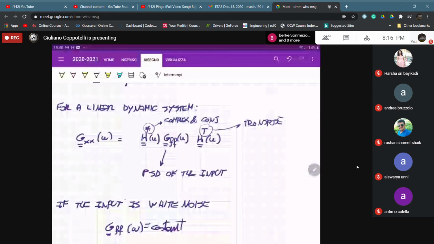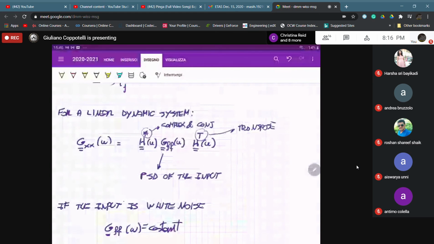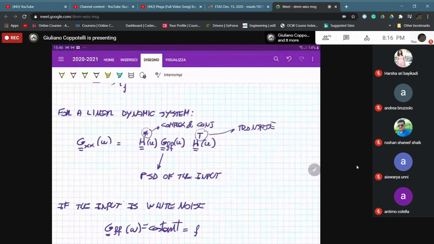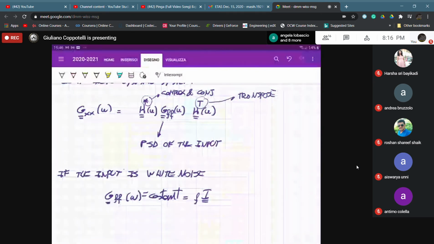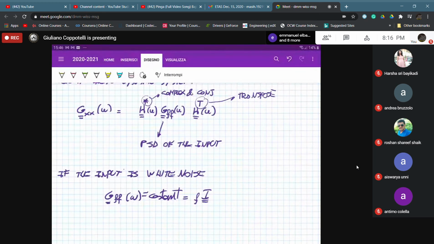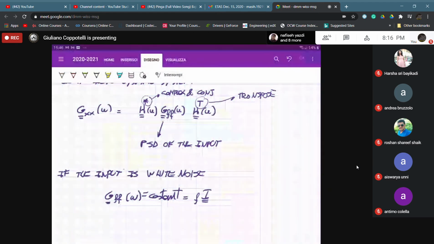A constant matrix that could be written in the form of a constant Gf times an identity matrix. That is, we have a diagonal matrix. So there is no correlation in the space domain between different input excitations, and because we have just one value, we also have a constant spectrum.